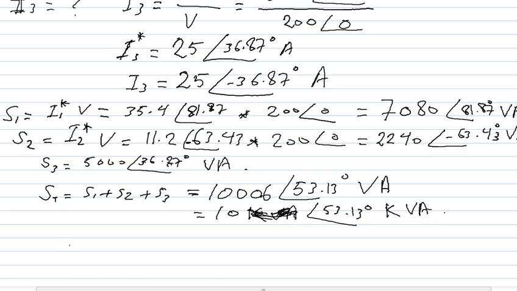Now the power factor of the source will be cosine theta, which is cosine of this angle 53.13, which is 0.6.